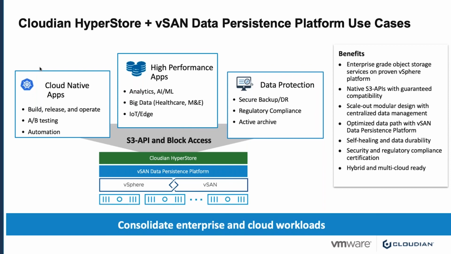The benefit here is with having an enterprise grade object storage solution, which is S3 native, with the scale out modular design, and combining that with the optimized configurations around vSAN and data persistent platform, so that you can bring in that enterprise private cloud experience with self-healing, data durability, security. This opens up the doors, right, to consolidate, and we talked about, right, modernizing your data centers.